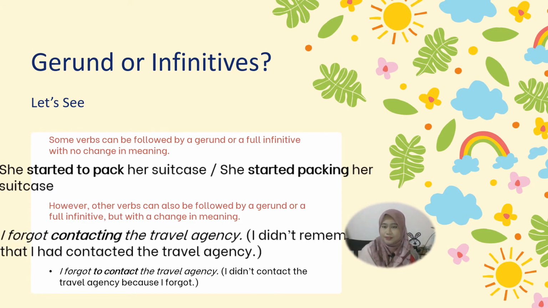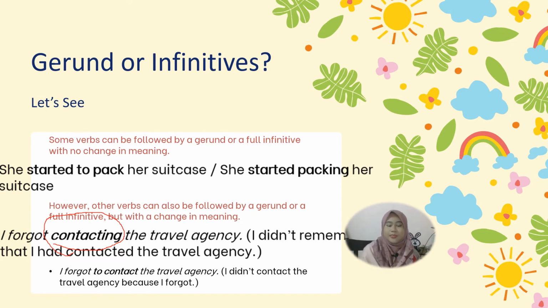Here you use gerund, contacting. So contacting here is a gerund. So here it means that I didn't remember that I had contacted the travel agency. Dia dah telefon travel agency tapi dia terlupa.